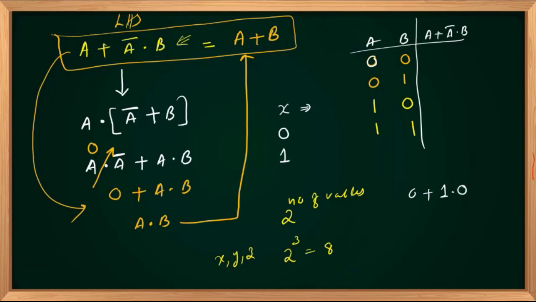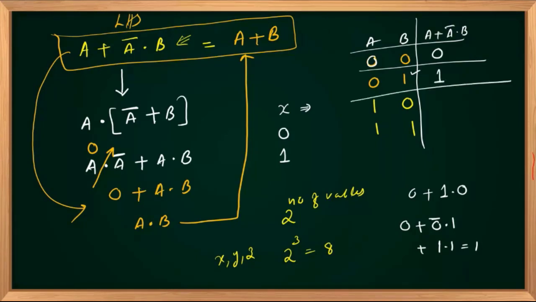So if A and B are equal to zeros, A plus A bar B will be equal to 0. Second case, A equal to 0, B equal to 1: A is 0, so 0 or with 0 complement, that will be 1, dot with B equal to 1. So 0 complement is 1, 1 dot 1 will be equal to 1. So the second entry will be 1.